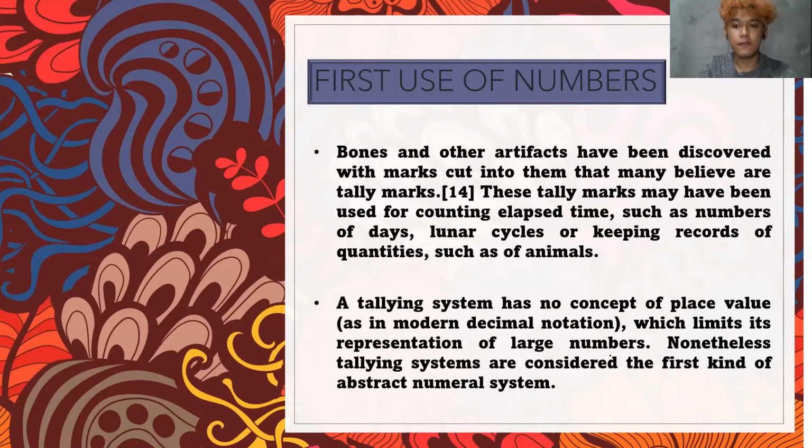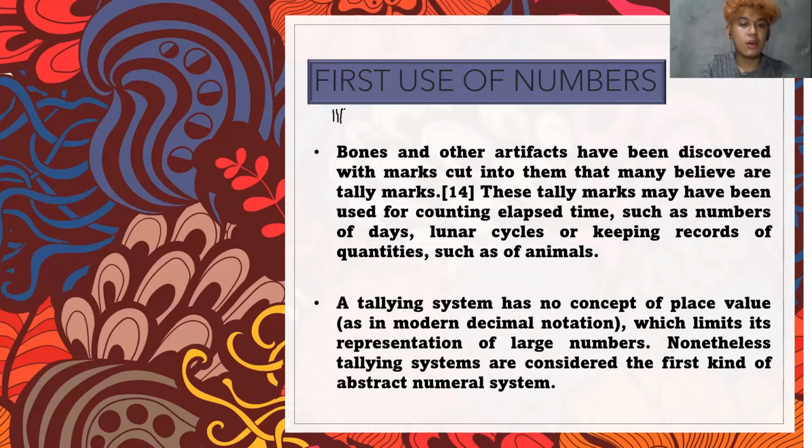First use of numbers. Bones and other artifacts have been discovered with marks cut into them that many believe are tally marks. So these tally marks were discovered on bones, maybe the bones of animals. They used these bones as paper.